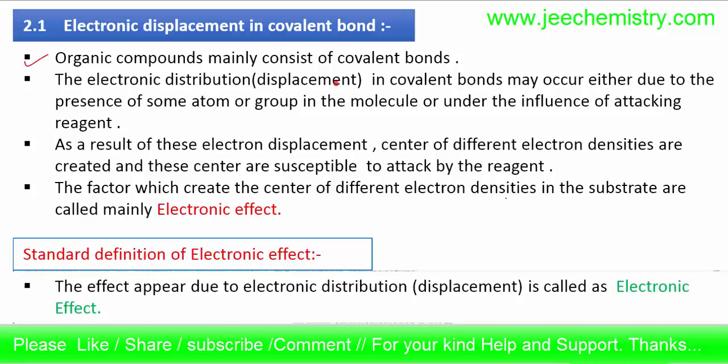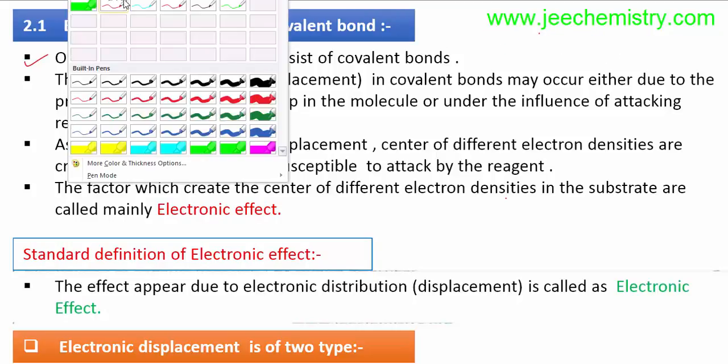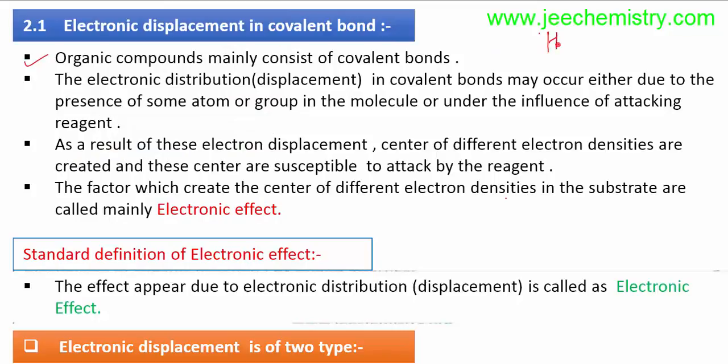Electronic displacement in a covalent bond may occur either due to the presence of some atoms or groups in a molecule, or under the influence of attacking reagents. Suppose here we have hydrogen and hydrogen.